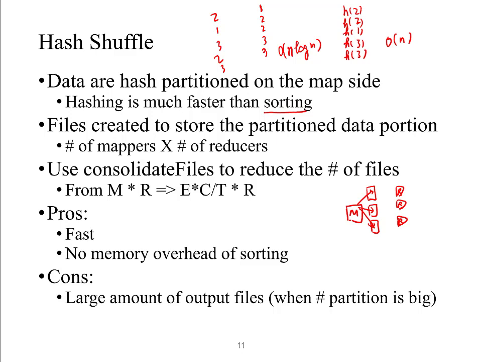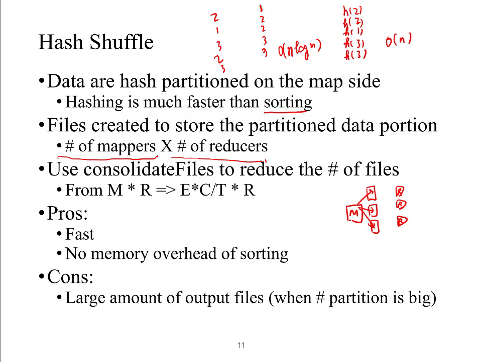So for each mapper, it will create a number of reducers files, and we do have this number of mappers. So we have the multiplication of the number of mappers and the number of reducers as the total number of created files.